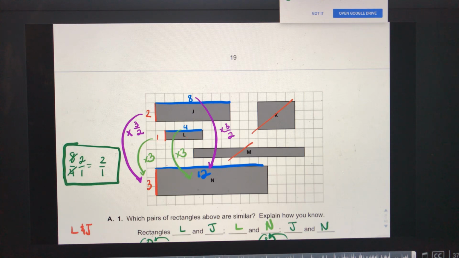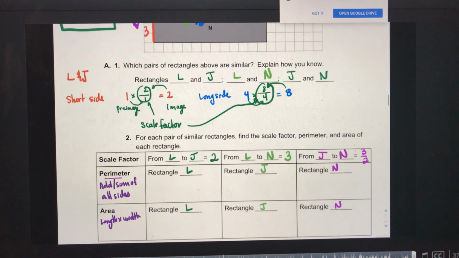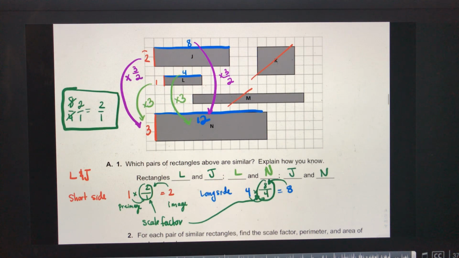So the perimeter for L, the small one, should be 10. Okay, rectangle J, 2 plus 8 plus 2 plus 8. 8 plus 8 is 16, plus 2 plus 2 is 4. That gives us 20.